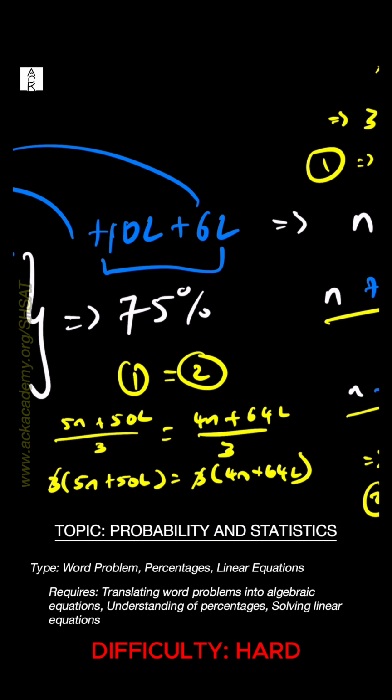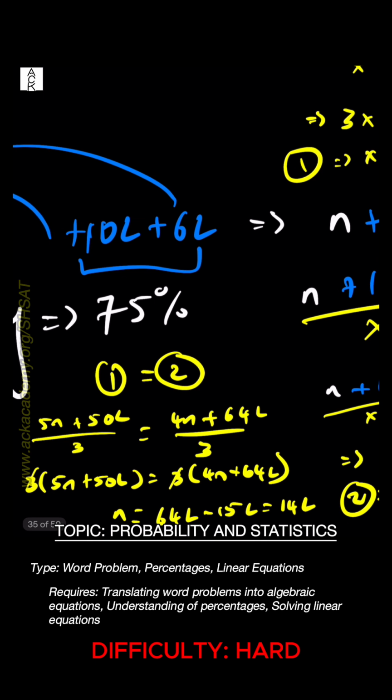So now we have 5n minus 4n, which is n, equal to 64 liters minus 50 liters, which is 14 liters. So n is equal to 14 liters. And that is the answer.